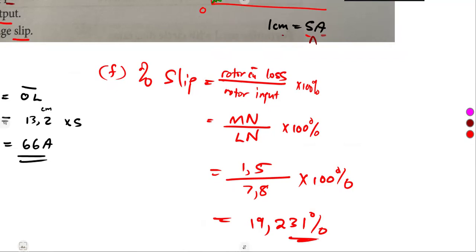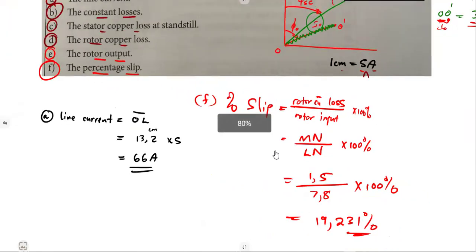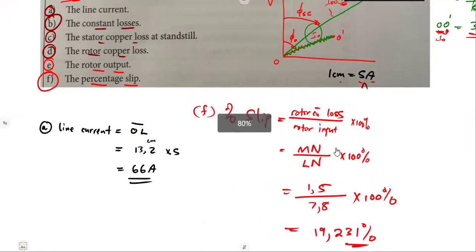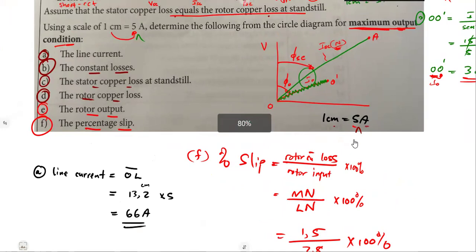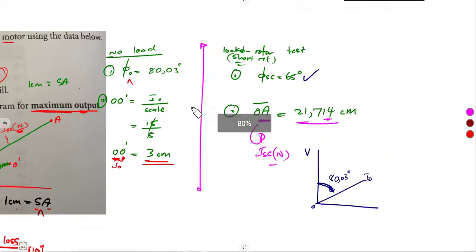So this is how these questions might be given; you just have to be very, very careful as you work with the question and the information that you're given. Try by all means to understand, especially the starting part: phase angle versus corresponding vector, which was supposed to be the current for that part.